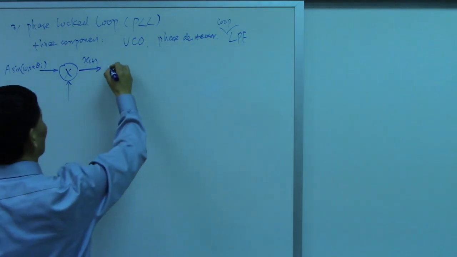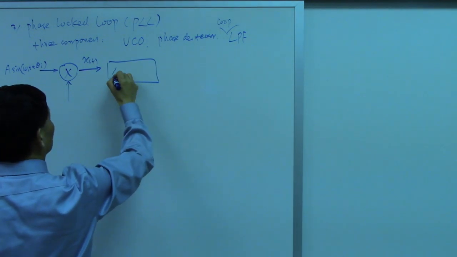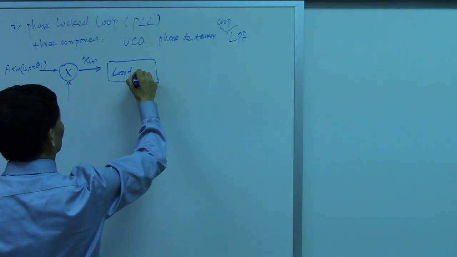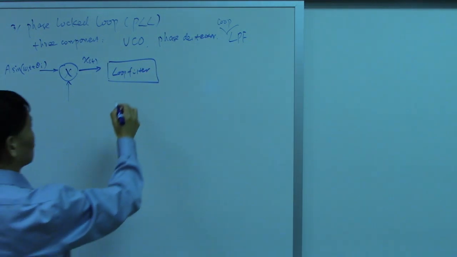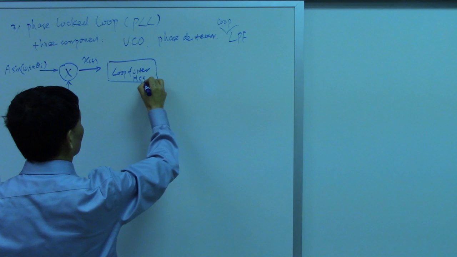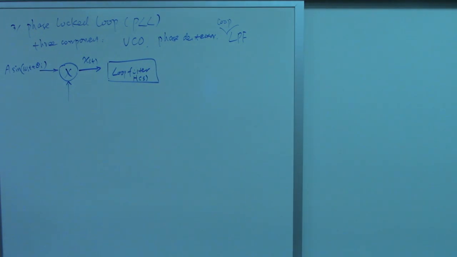And then here we have a loop filter, which is just a low pass filter. The transfer function, the system function, is H(s).